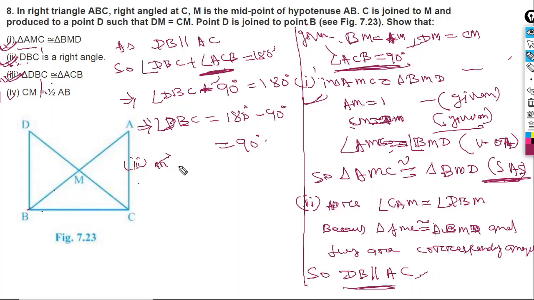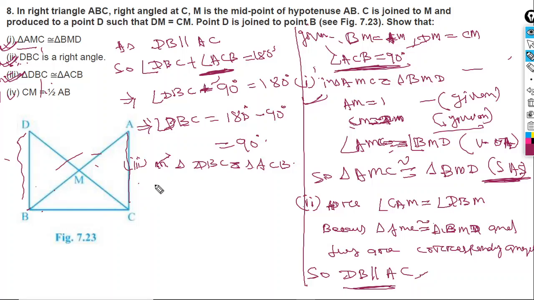So let's write the names. In triangle DBC and triangle ACB, here you can see BD will be equal to AC. Why? Because triangles DMB and CMA were congruent, isn't it? At their corresponding parts.